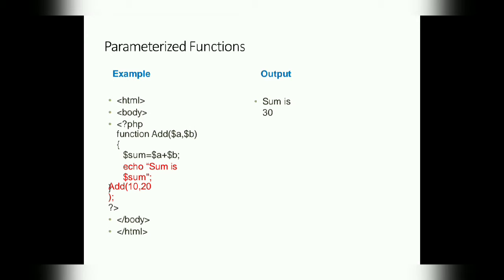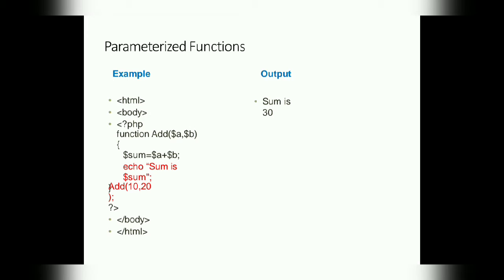So here I have taken the example as function add and provided two variables $a and $b. Okay, $a comma $b, these are the two variables, and in the function I have written code for what to do with these two variables.